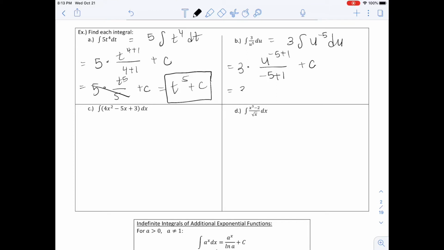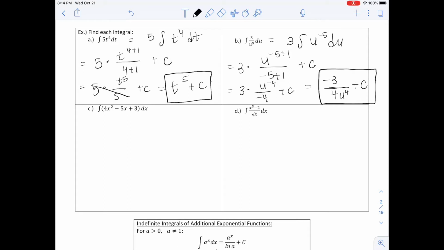Cleaning it up from here, we have 3 times u to the -4th, all over -4 plus c, which again we can simplify a little bit more and say this is -3/4. That u would move to the denominator since it is a negative, so I'll put u to the 4th in the denominator, and then plus c.